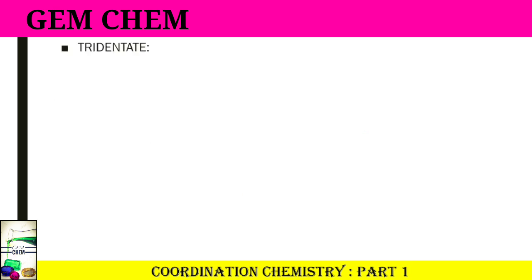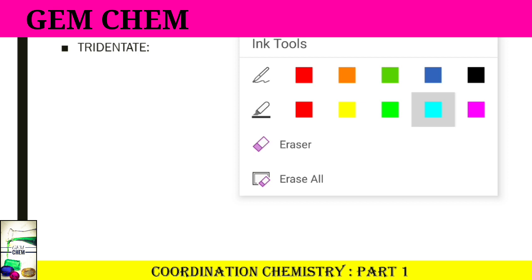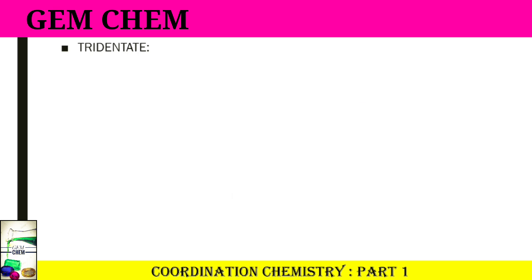Another ligand which we will talk about right now is the other type, which is the tridentate ligand. Now in this tridentate ligand, from the name only you can understand, there will be 3 donor centers. The simplest of the tridentate ligands is diethylenetriamine, and it has the short form dien.